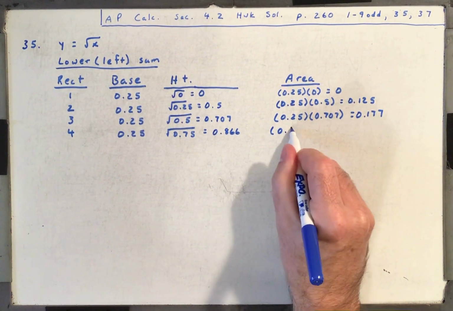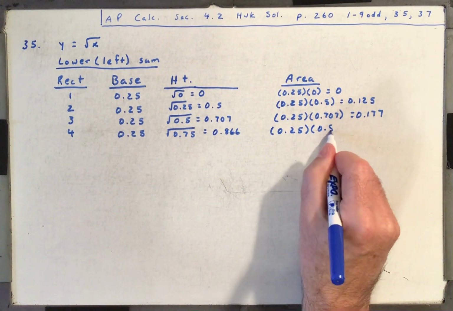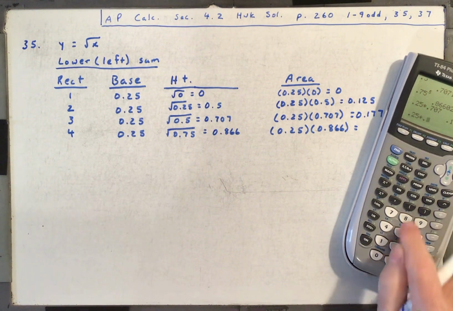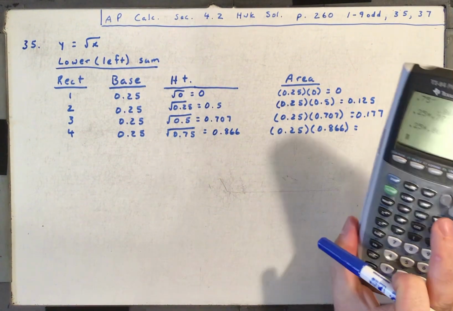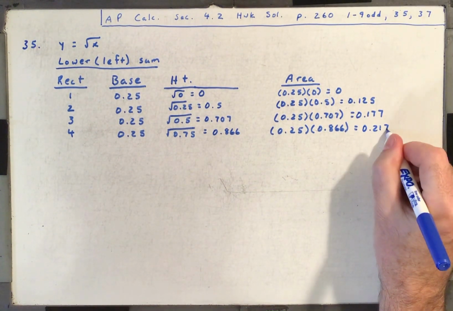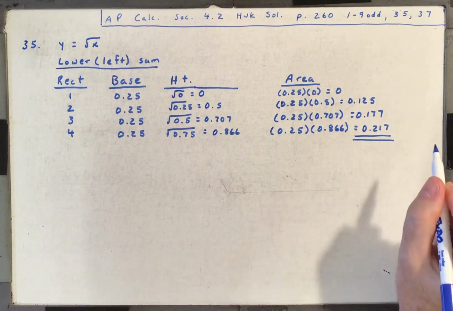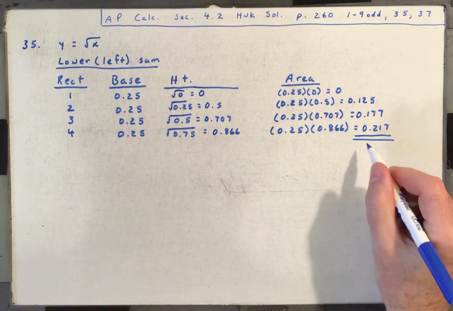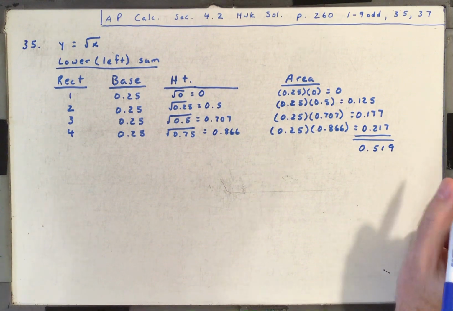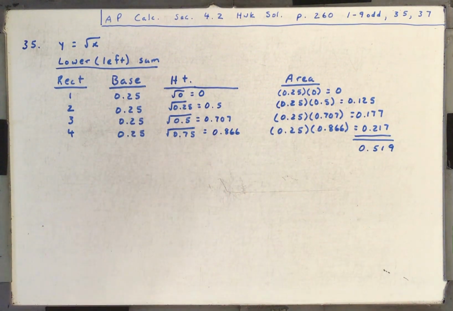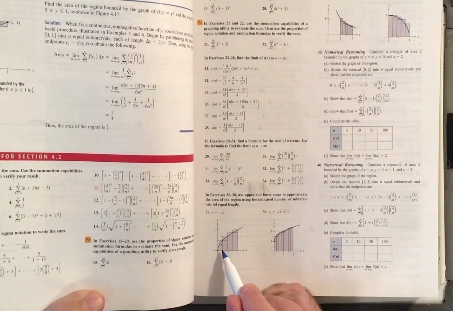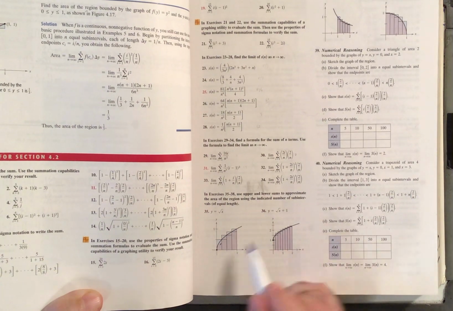And then our last rectangle, base times a height of 0.866. And that is 0.217. And you just add all of those up, and you would get 0.519. So that is the area of this shape. That's our estimate using the left-hand side as the height, or what the book calls a lower sum.